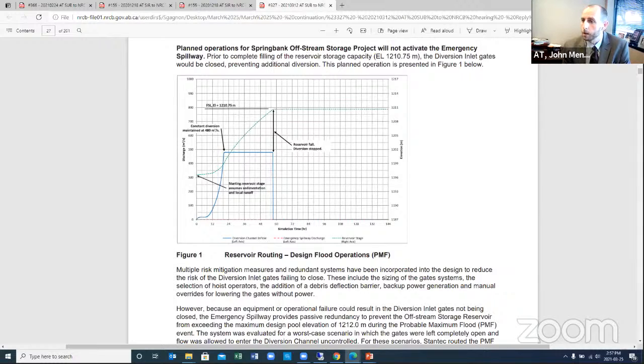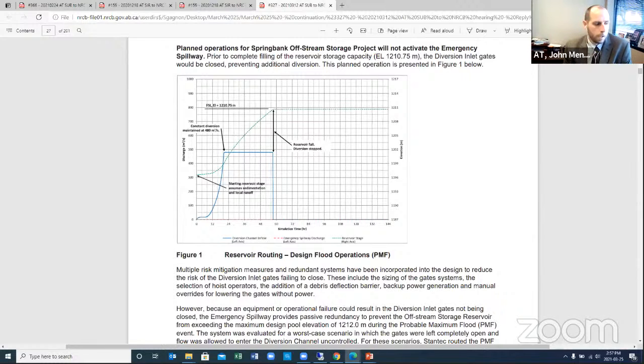It is a concrete structure that has gates. It has a gate tower that controls flows out of the reservoir, and then a large conduit that discharges flows to the unnamed creek.